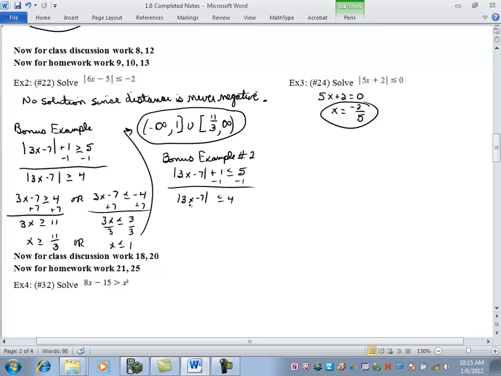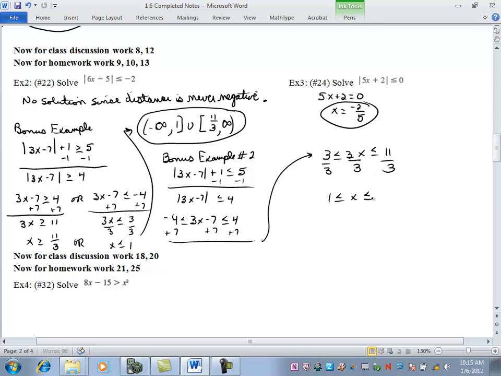And now what we're going to do here, negative 4 is less than or equal to 3x minus 7, which is less than or equal to 4. We'll add 7 to all three sides, if you will. And so this gives me 3 less than or equal to 3x, which is less than or equal to 11. We're going to divide everywhere by 3. And so 1 is less than or equal to x is less than or equal to 11 thirds. 1 to 11 thirds.